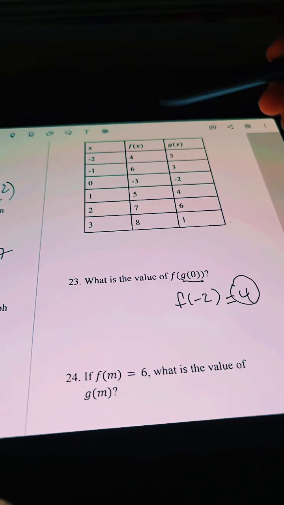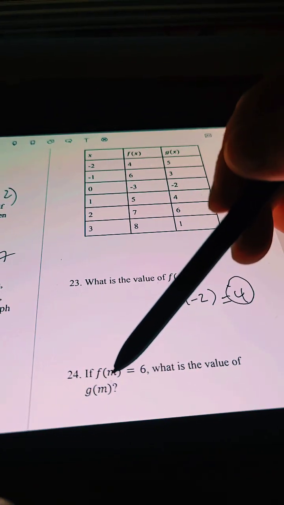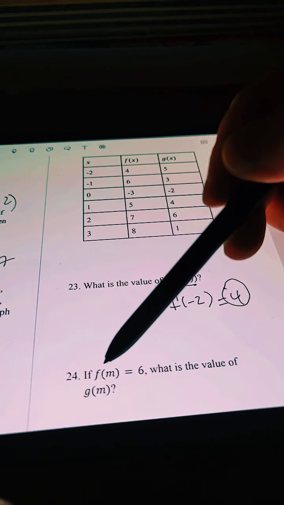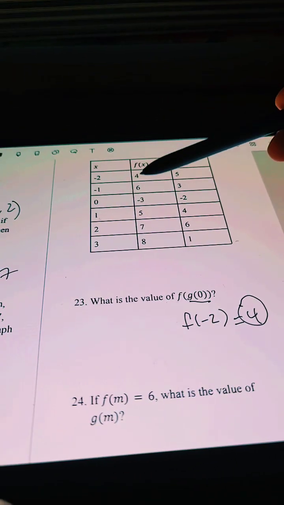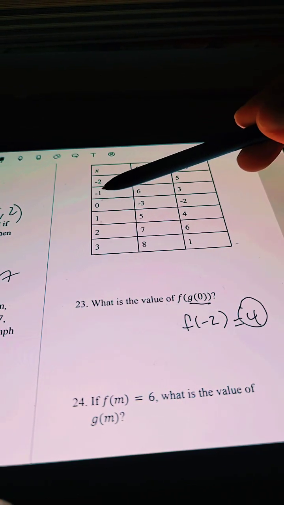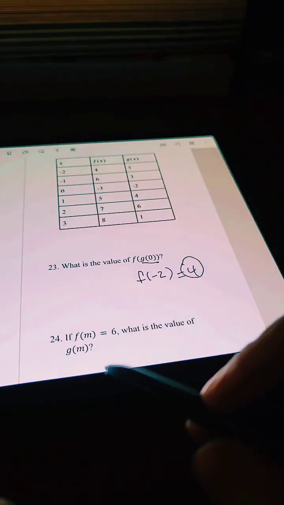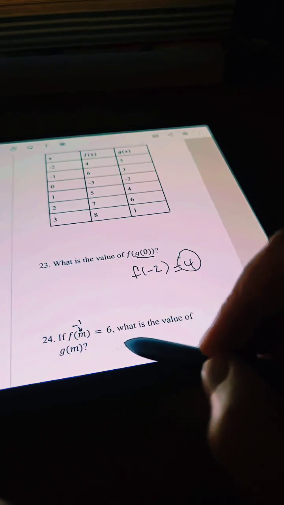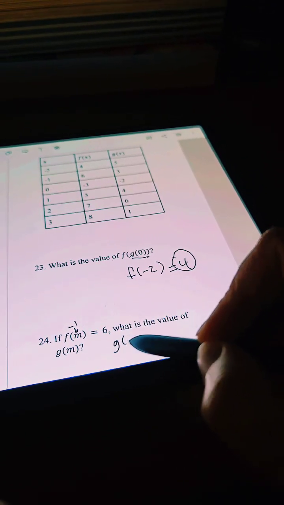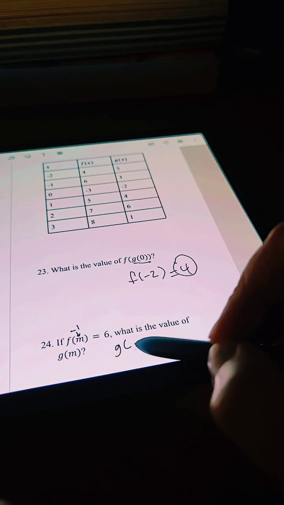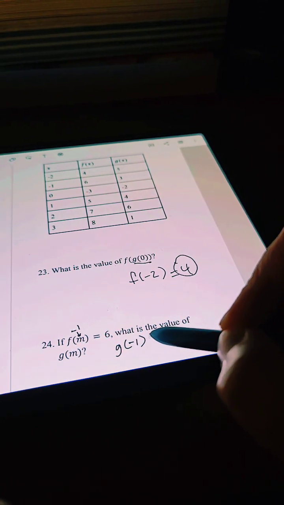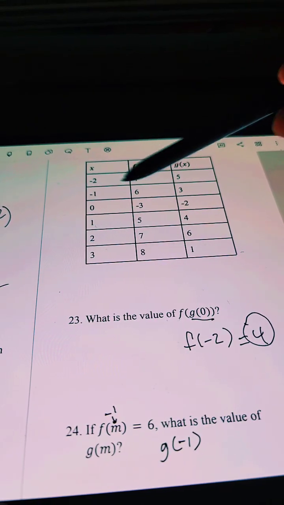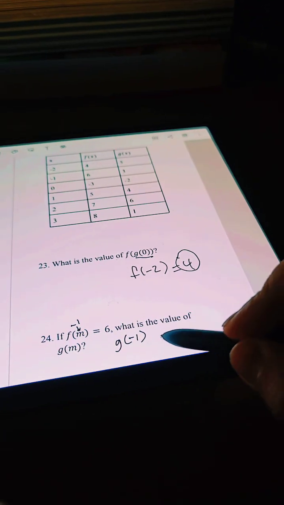It's basically asking at what x value does f equal 6. f equals 6 when the x value is negative 1, or in this case m. So when m is negative 1, if we want to find g of m, we're finding g of negative 1. So g, when x is negative 1, is going to be 3.